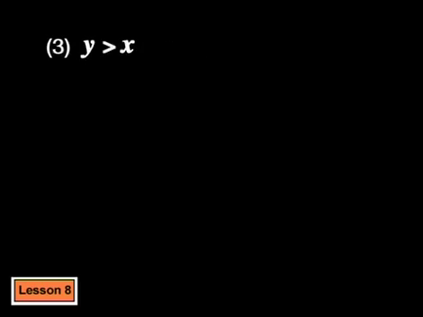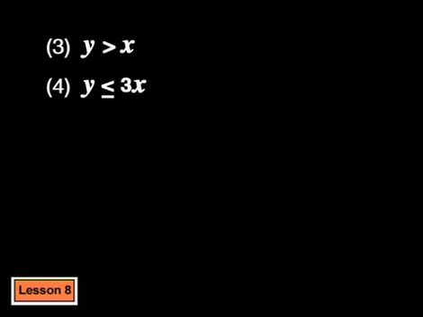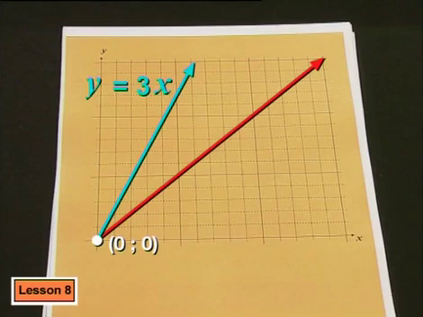And here's the third constraint, y greater than x. The line for y equals x goes through the origin and through 1, 1 and 2, 2. The line for the fourth constraint, y less than or equal to 3x, will also go through 0, 0.